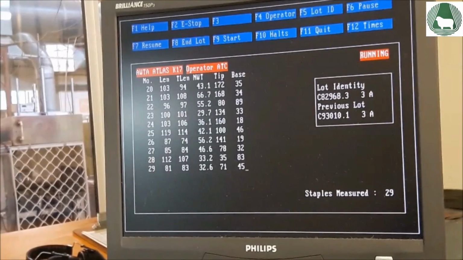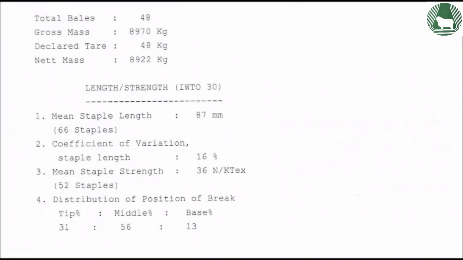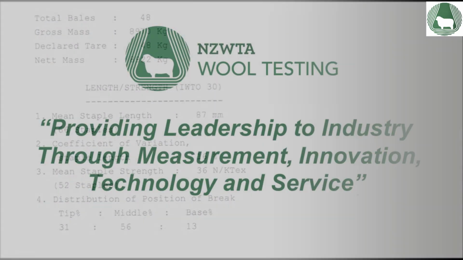The percentage of staples that broke at the tip, middle and base ends are reported. The staple length, staple strength and position of break measurements are used along with fibre diameter and vegetable matter to predict the processing length of the wool.